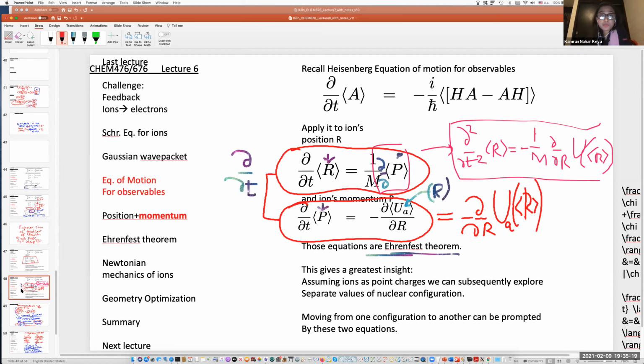The same thing. From 38, we get this equation, where the partial derivative with respect to t is the derivative of position. Then we get this one. After that, for the momentum p, we get this one.